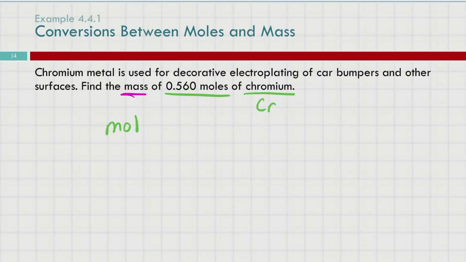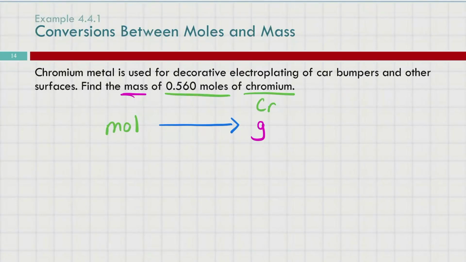So we're going from moles to mass. Grams is a common unit for mass. Can we do this in one step? If you're blind guessing, you've got a 50-50. Can we do this in one step? I'm seeing some nodding. The answer is yes, we can do it in one step.